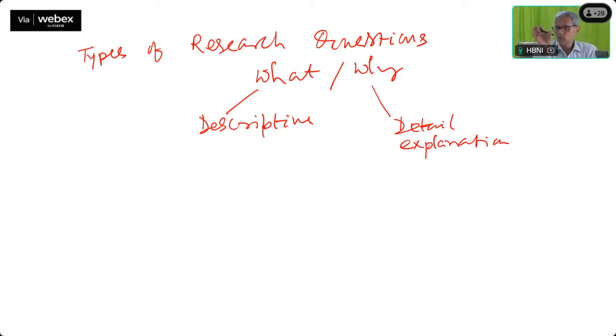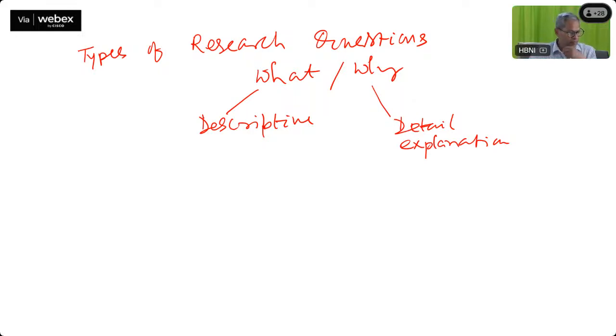So when you write a research question, that will tell you what will be the outcome of your research. And what you are going to achieve through your research. That research objective will tell you that when you write a research question, and the objective will be the outcome of your research question.